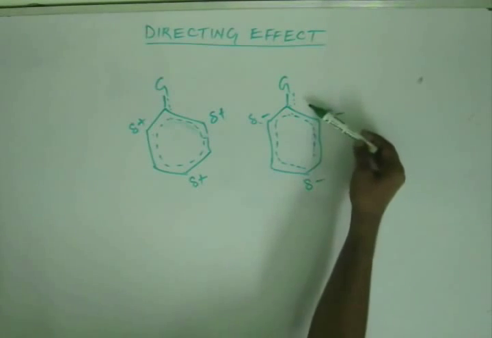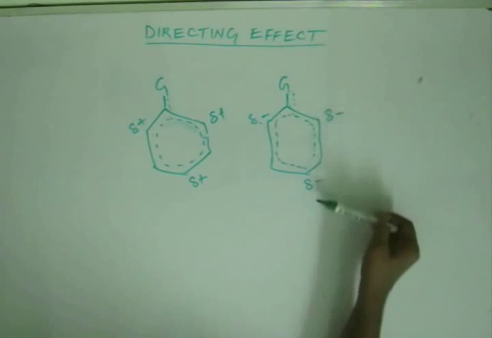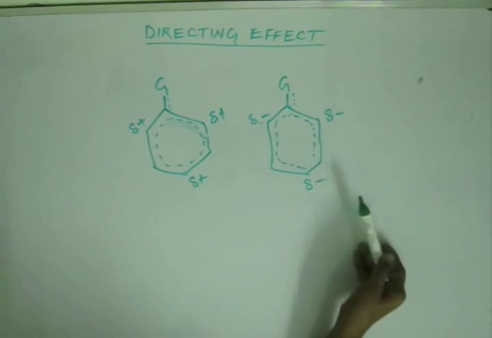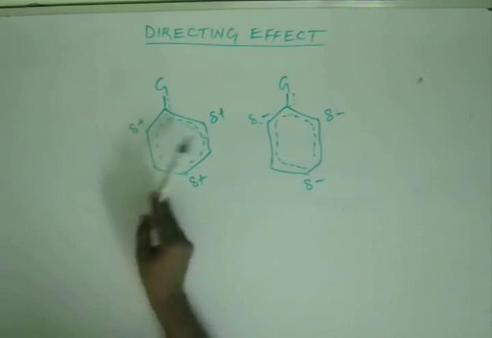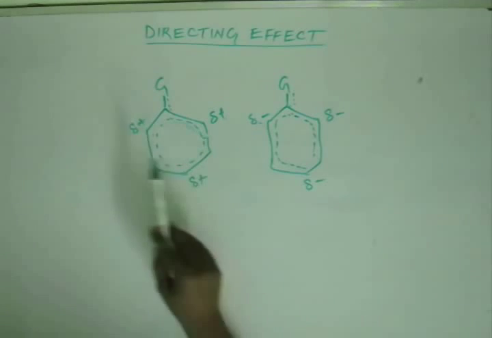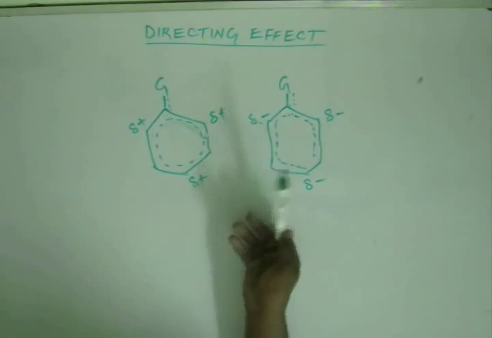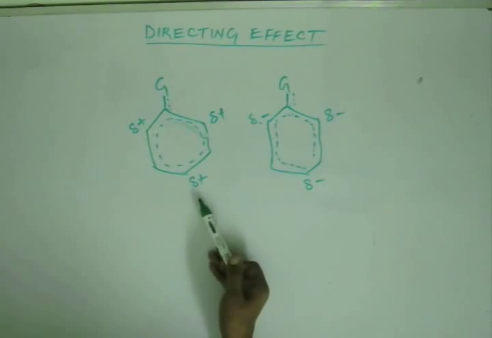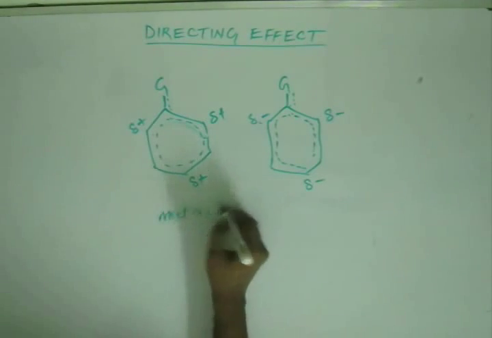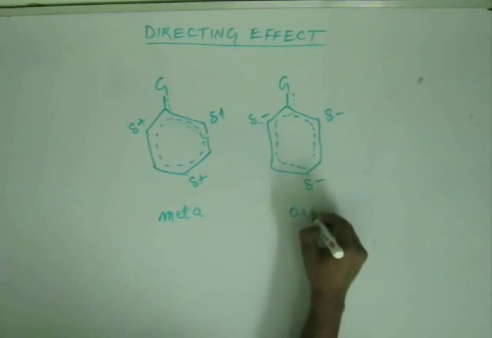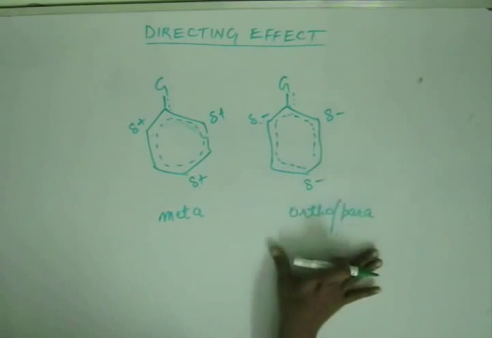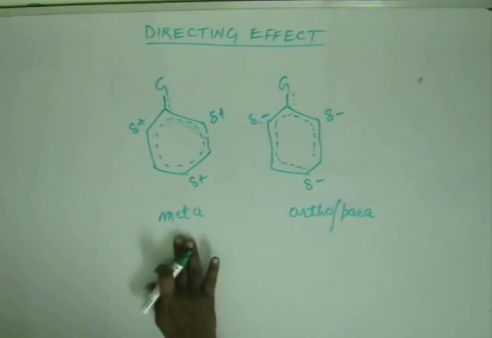So a group which is electron donating will be ortho-para directing, and a group which is electron withdrawing will be meta directing, because it has decreased electronic density at ortho-para, and hence meta becomes more electron rich than ortho-para. That's it. In this case the group will be meta directing, and in this case the group will be ortho-para directing.